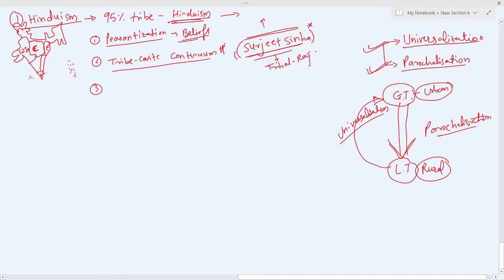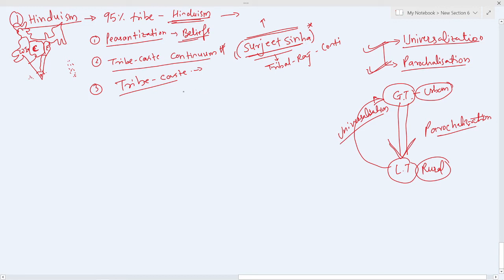Tribal Rajput continuum. Next is tribe caste. Now, when these tribes were assimilated in Hindu society, they gradually accepted the caste system as well.